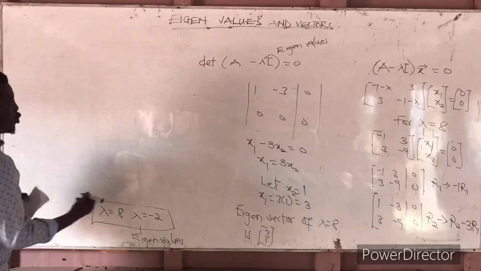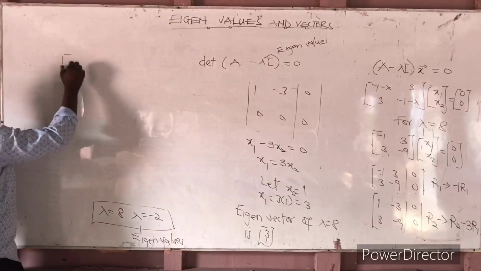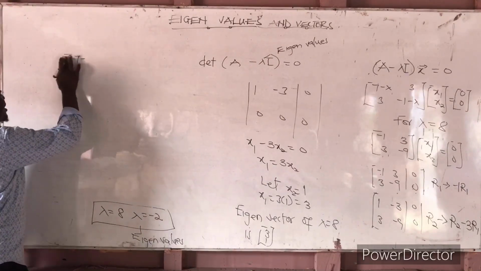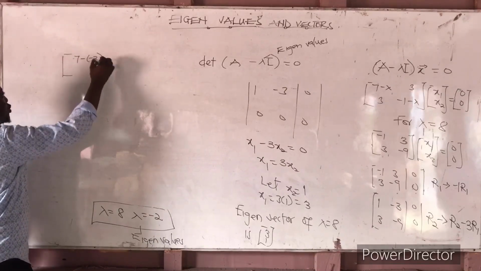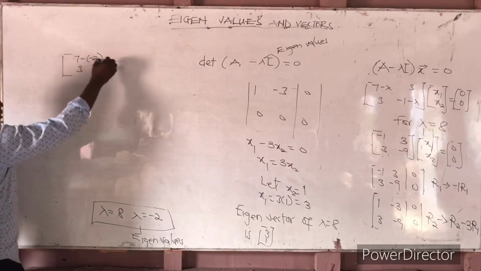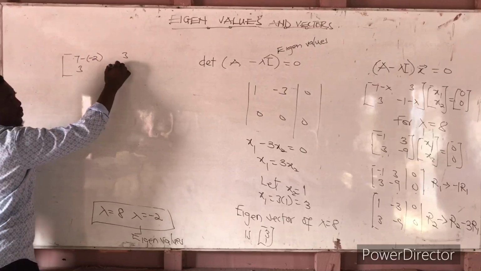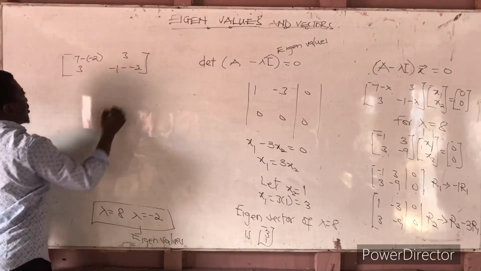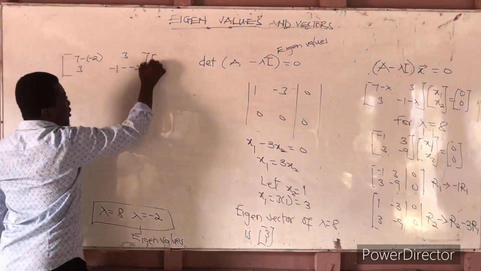For minus 2, you are going to get 7 minus minus 2, which is 9, 3, 3, and minus 1 minus minus 2, which gives 1.